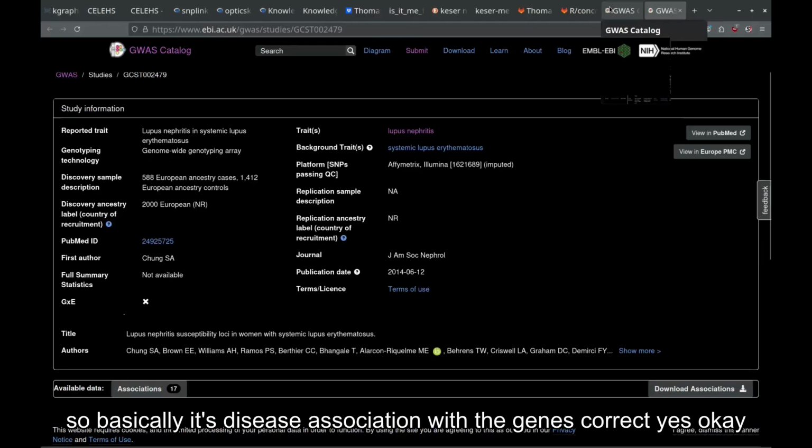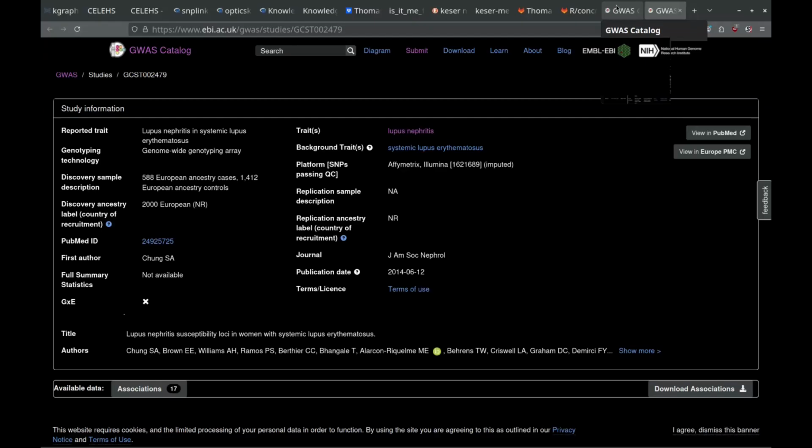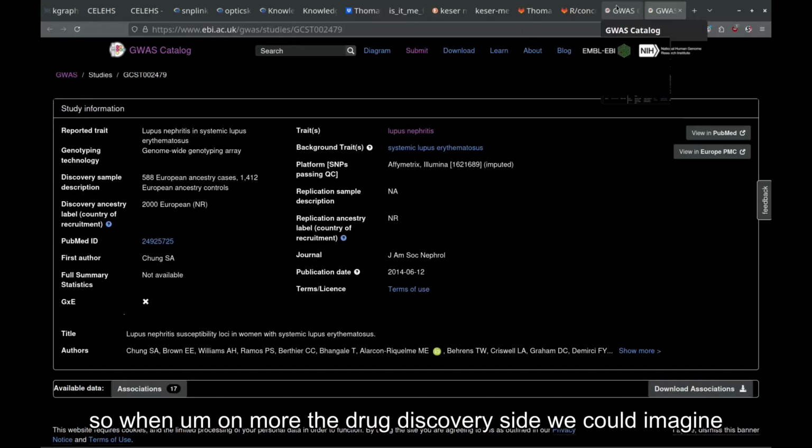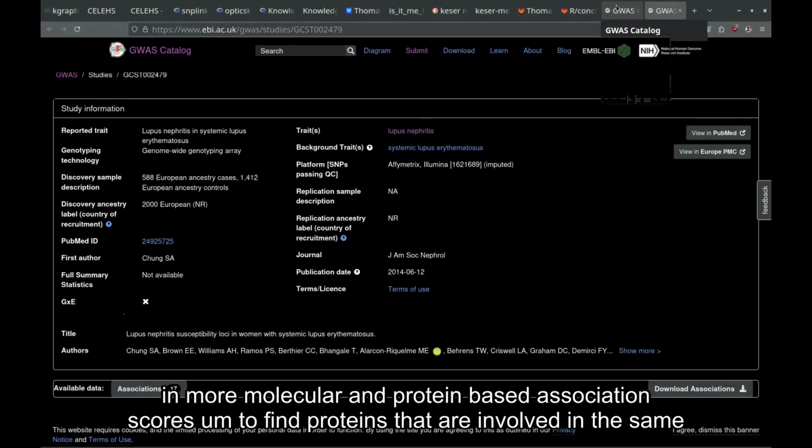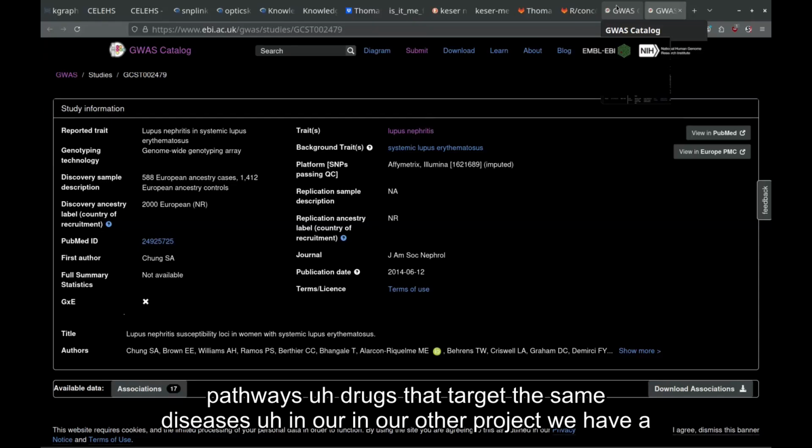So basically, it's disease association with the genes, correct? Yes. Okay. On the more drug discovery side, we could imagine more molecular and protein-based association scores, to find proteins that are involved in the same pathways, or drugs that target the same diseases.